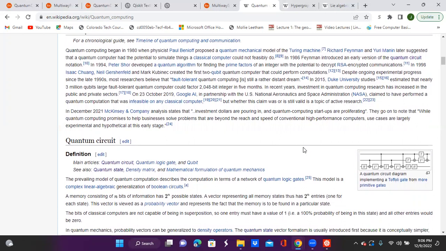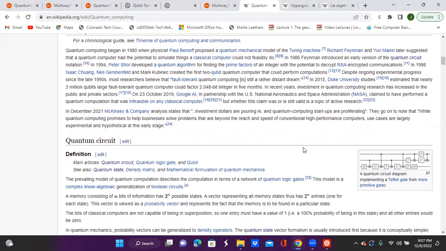Paul Benioff proposed a quantum mechanical model of the Turing machine. Feynman and Yuri Manin later suggested that a quantum computer had the potential to simulate things a classical computer could not feasibly do. In 1986, Feynman introduced an early version of the quantum circuit notation.